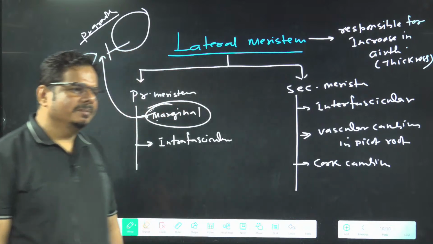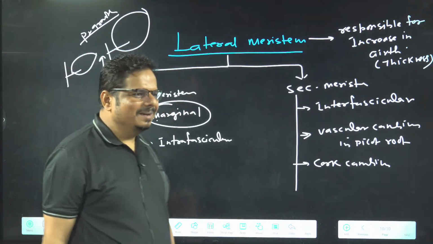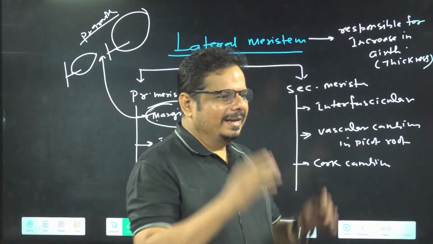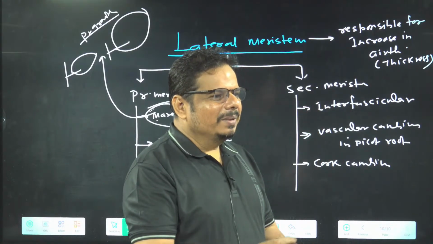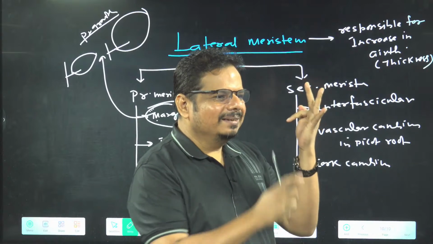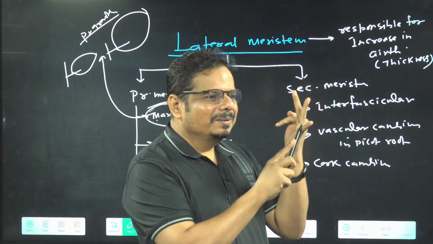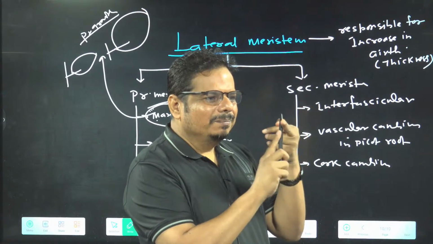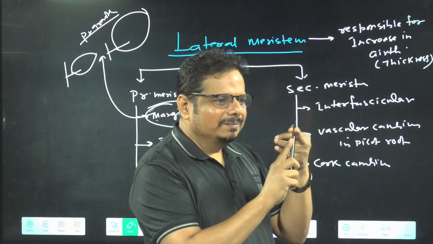So this is about the meristem. Tell me honestly, did you get the theory somehow? Hanstein's view you got. Apical meristem has how many layers? 3 layers. What are the names? Protoderm, ground meristem and procambium.